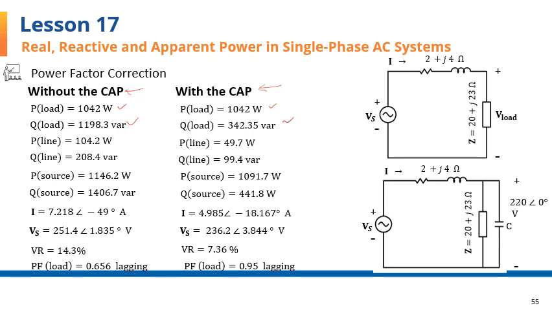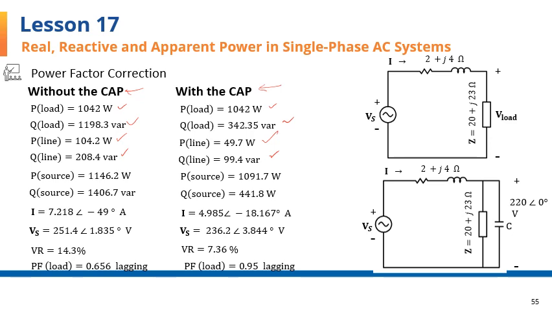The line real power loss has gone down almost to half. The reactive power loss of the line has also gone down from 208 to 99. The source has to produce less real power, and also less reactive power.